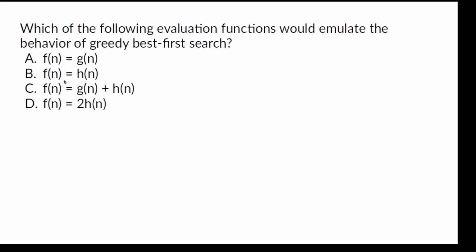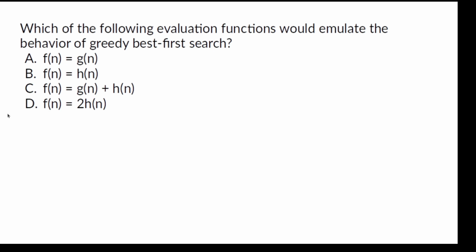So B would be correct if we are considering only the heuristic function for that nth node to reach the goal, how costly it is. If you just multiply by 2, this is again greedy best first search because the order would be the same, right? Because you have multiplied every number by 2, it is the same as greedy best first search.